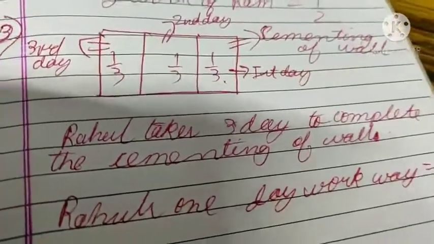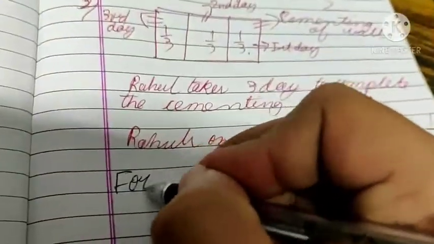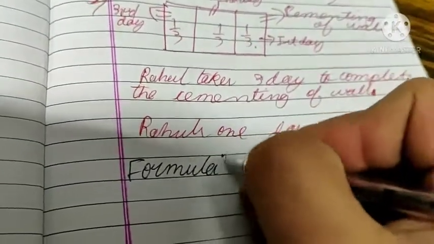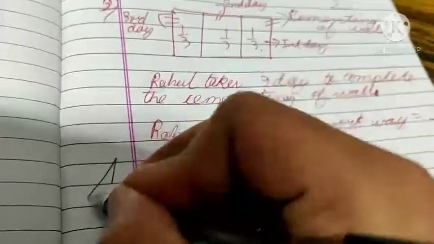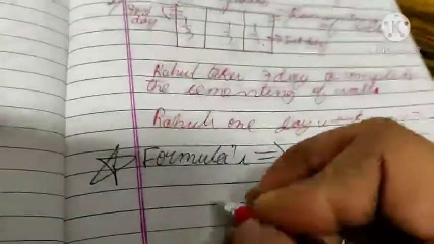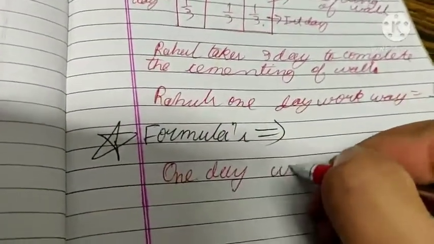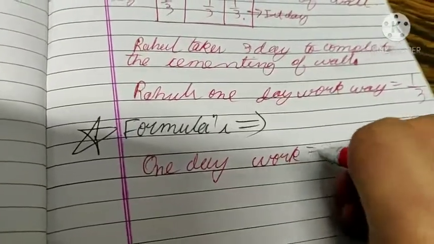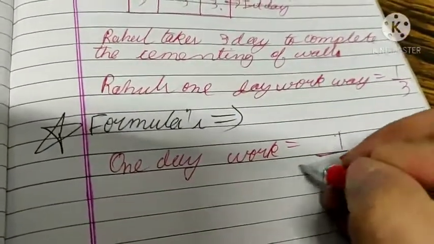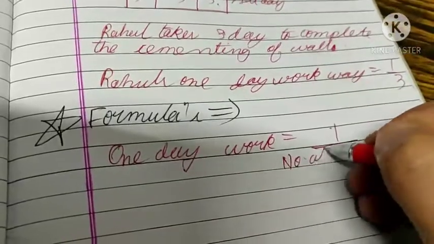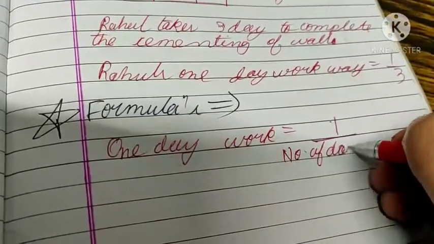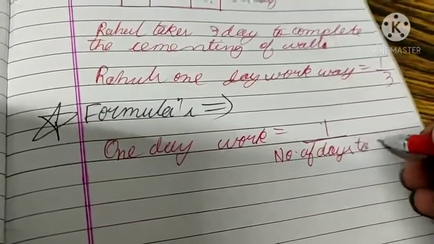Okay, so now starting with a few formulas. The first formula is: 1 day work is equal to 1 by the number of days to complete the work.